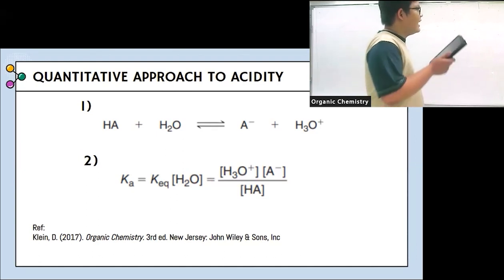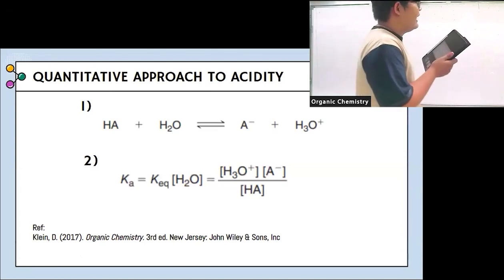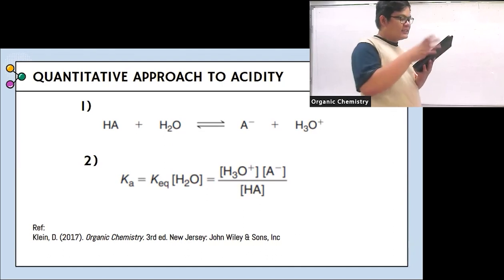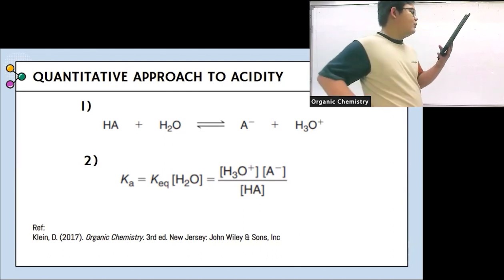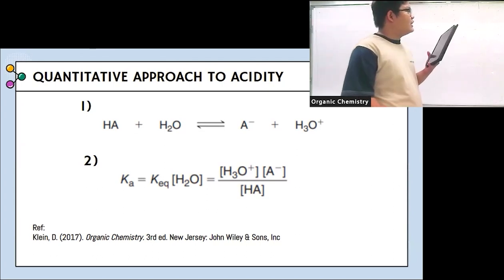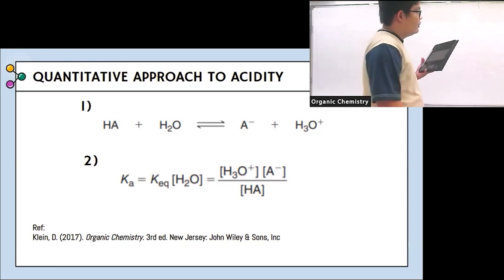So focus kayo sa equation natin. We have here Ka. Tanggalin niyo na yung Keq times H2O na yan, tanggalin niyo na sa mata niyo. Ang titignan niyo lang dito, pag tumataas yung concentration ng H3O+, ibig sabihin yung naka-bracket, yung nasa taas, yung nasa numerator.